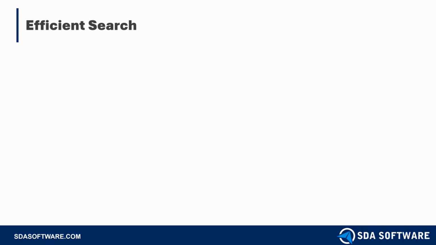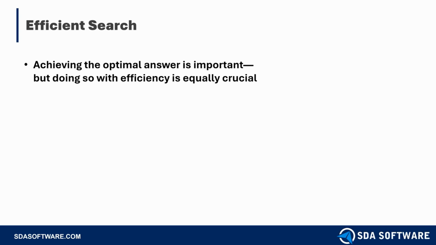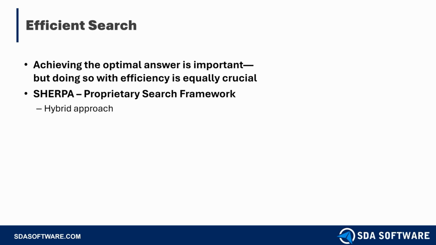Now I want to talk about the efficient search offered by HEEDS. HEEDS helps you achieve the optimal answer, but it also does it in a really efficient fashion. This is all thanks to SHARPA, the proprietary search framework that HEEDS has. It is a hybrid approach.